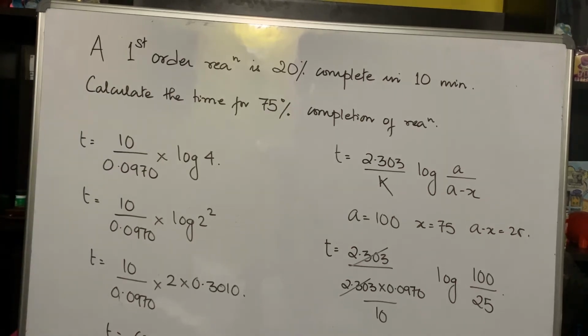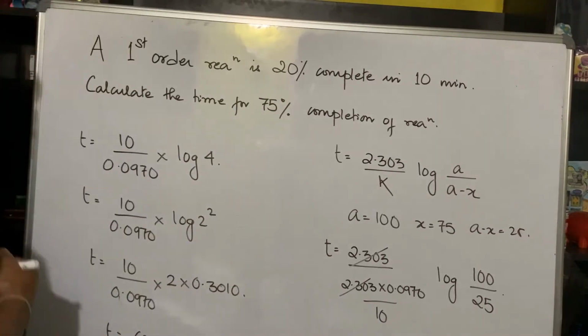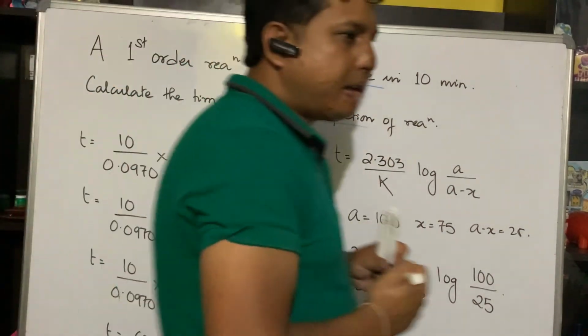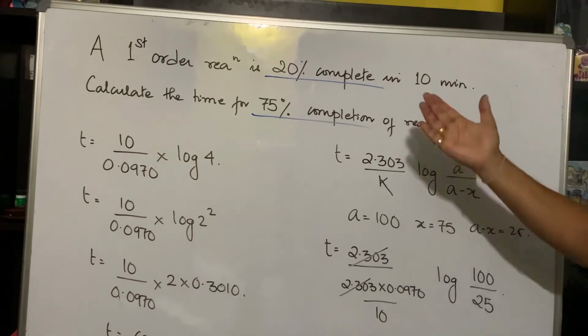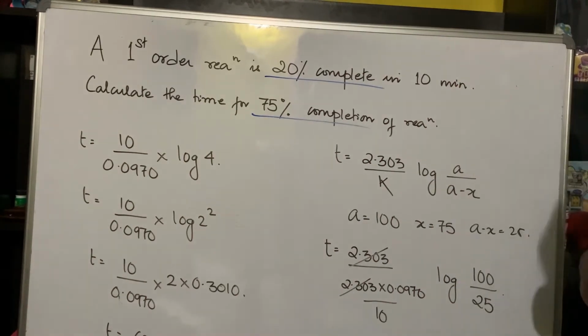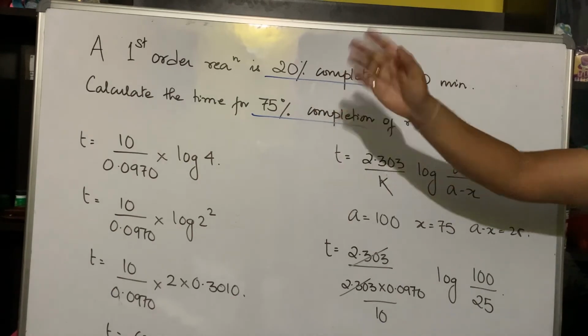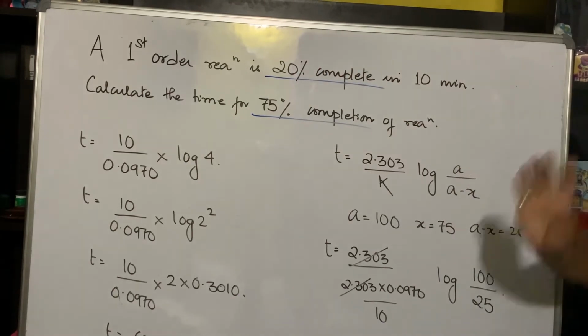Okay, so I'm not concentrating that much on the calculation part. You can do it on your own. You need to understand this part. If this part is understood, 90% of the problem is solved. So now we have a crystal clear idea about what this statement means. 20% complete means out of 100, the amount of product is 20. So the amount of reactant left will be 100 minus 20. Fine?